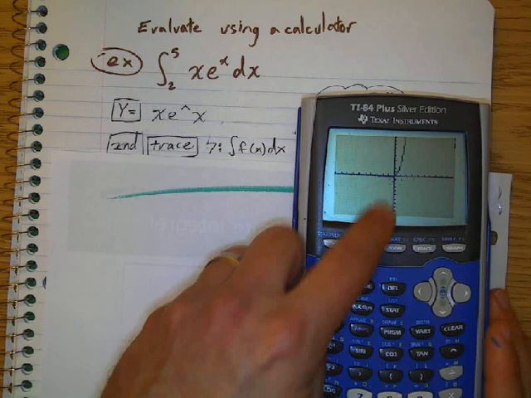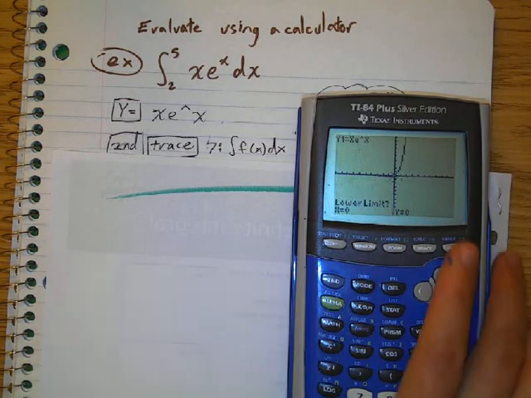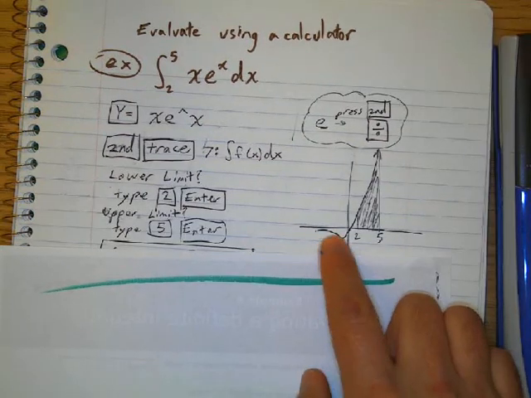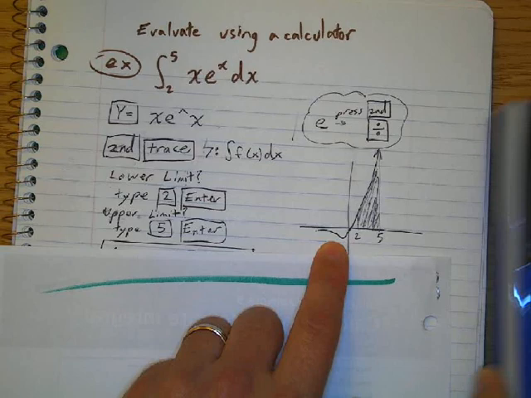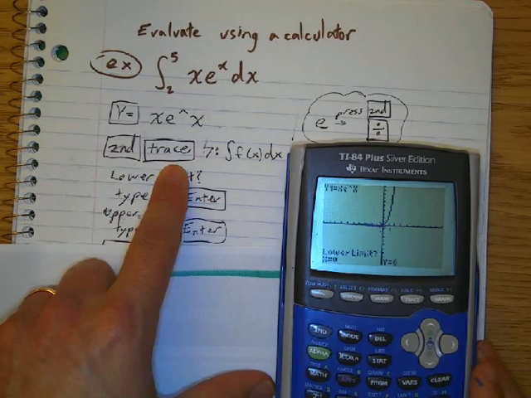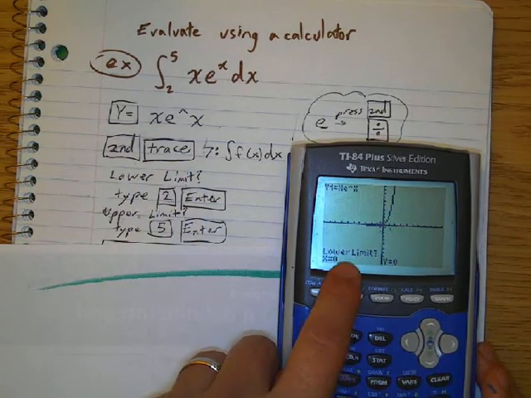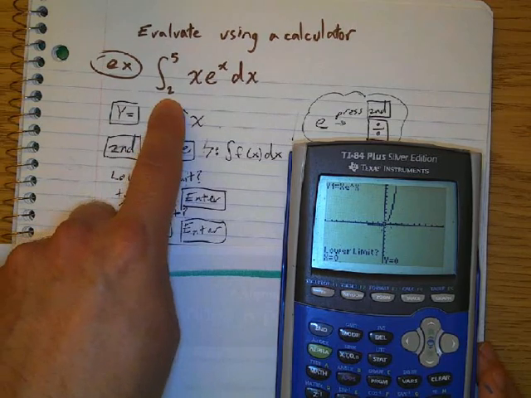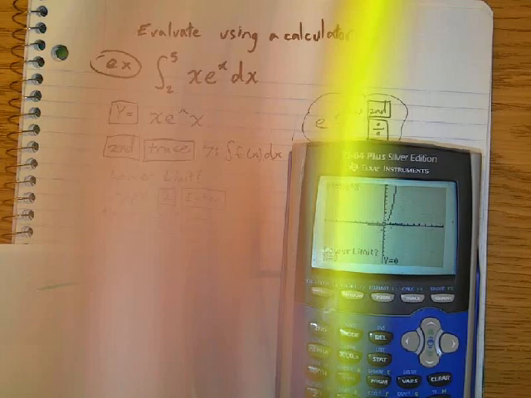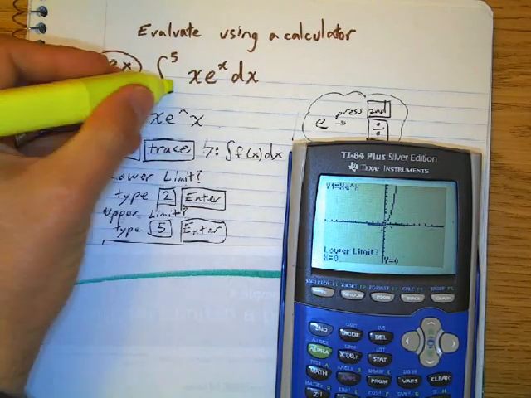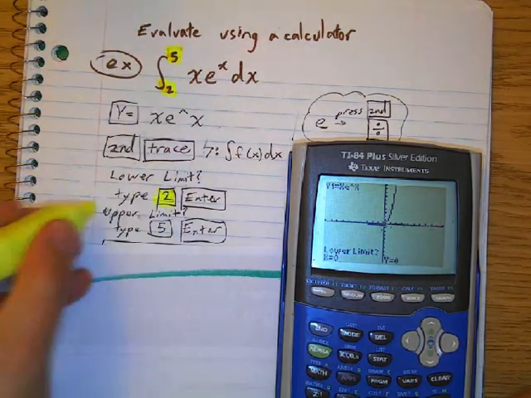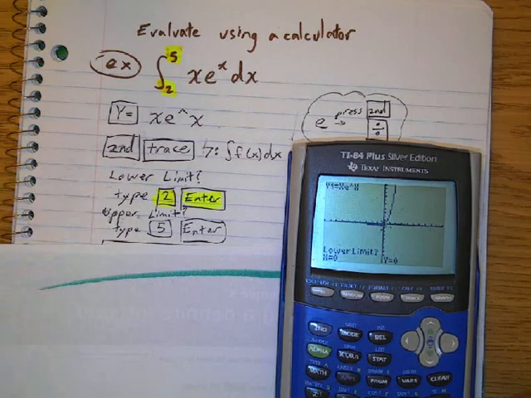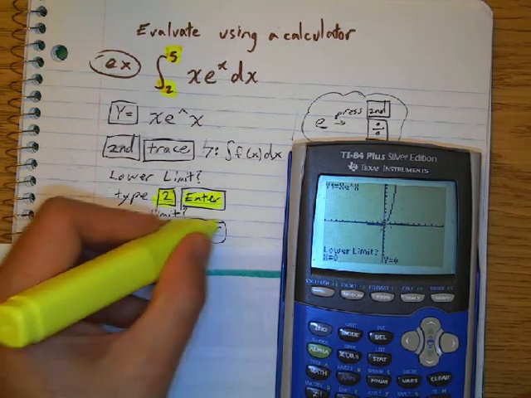Now you can't really see what's happening down here, but it actually looks something like this. It goes down and up, but it's so small you can't really see it. It says lower limit here, and we're analyzing it between 2 and 5. So when they ask you for the lower limit, you type in 2 and enter, and then type in 5 and enter.